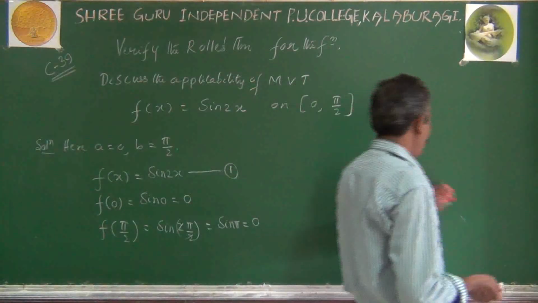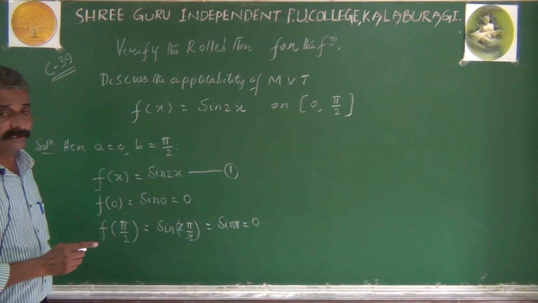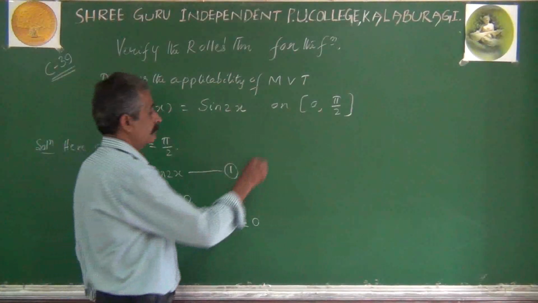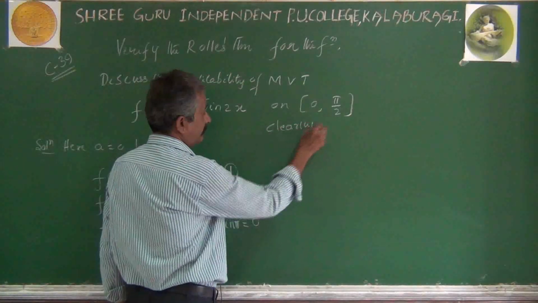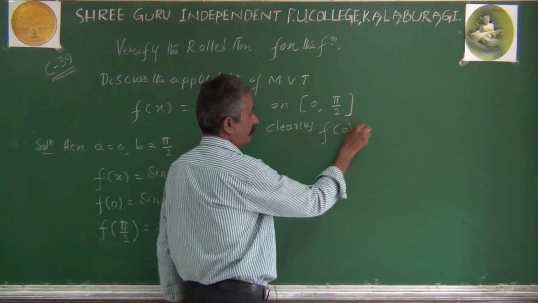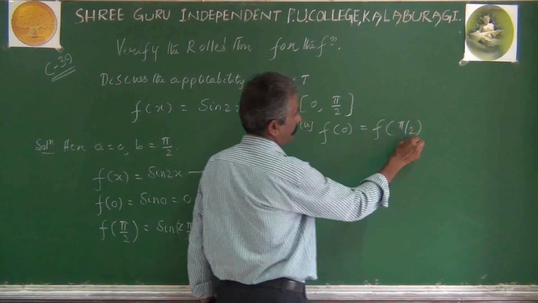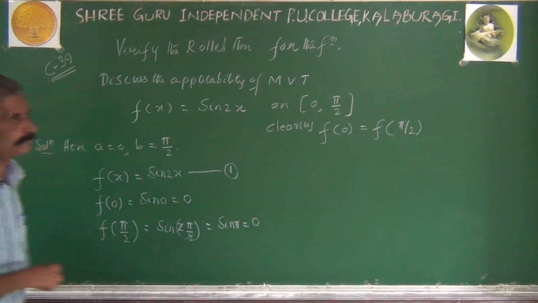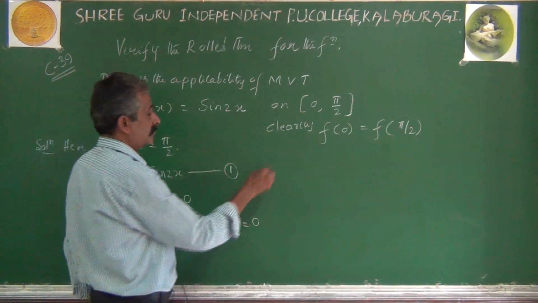That means we need to apply Rolle's theorem but not Lagrange's theorem. Clearly f of 0 equal to f of pi by 2 satisfies us. Let's differentiate 1 now.